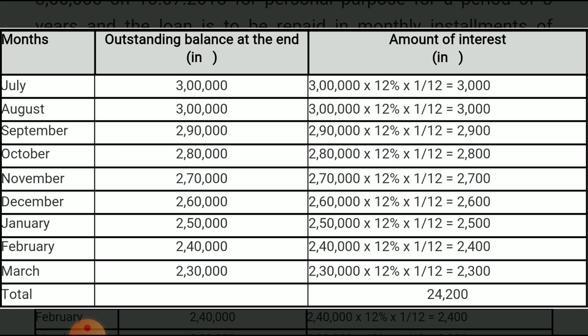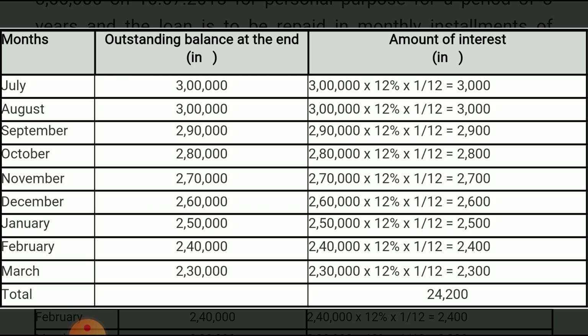The first month is July. Outstanding balance of the loan is 3 lakh rupees. So 3 lakhs into 12% into 1/12. 3 lakhs is the total principal amount. 12% into 1/12 you have to take for each and every month. So 3,000 rupees is the interest for the month of July.